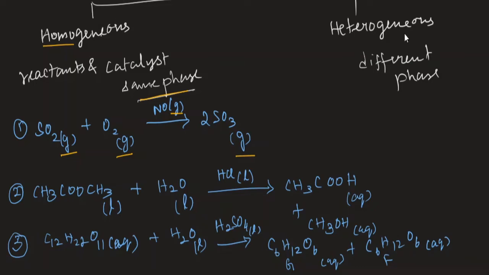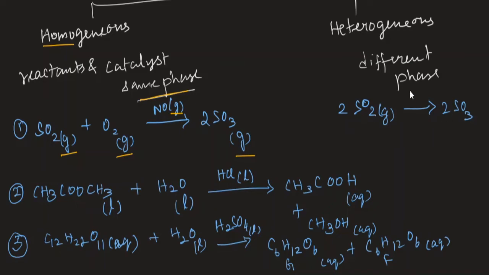Now let us explain heterogeneous catalysis with an example like sulfur dioxide. 2SO2 is a gaseous product. 2 moles of sulfur dioxide is converted into 2 moles of sulfur trioxide.